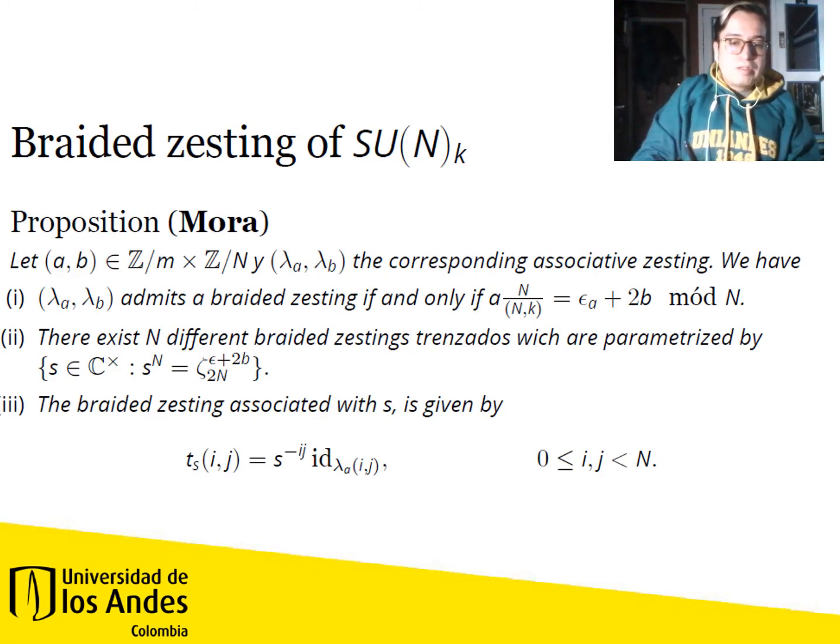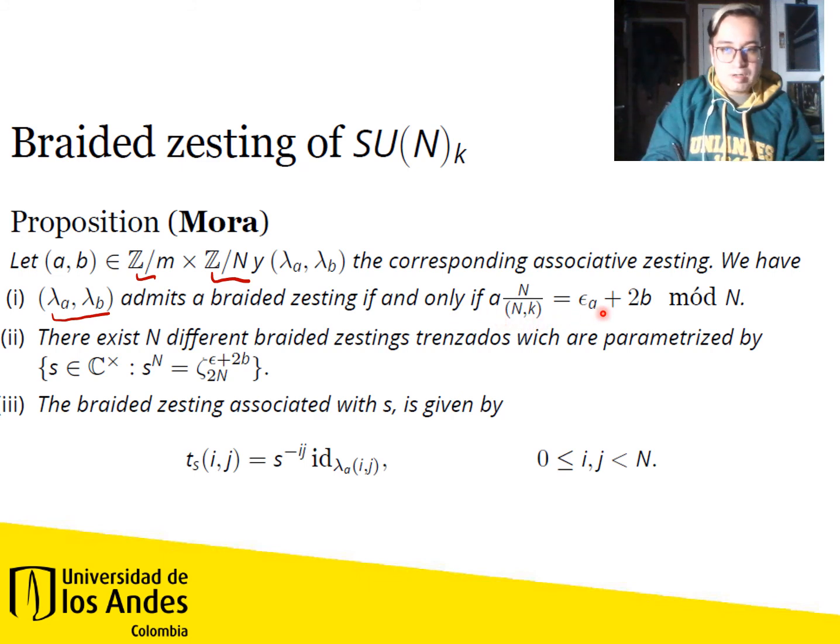Now I'm going to describe all the possible braided testings of the fusion category SU(N) level K. When I have an associative testing that belongs to C_M cross C_N, we have the following. This associative testing admits a braided testing if and only if this condition here holds.